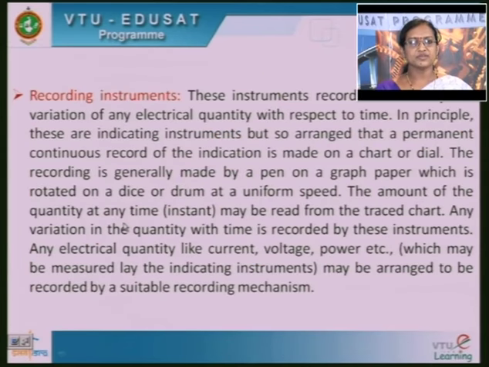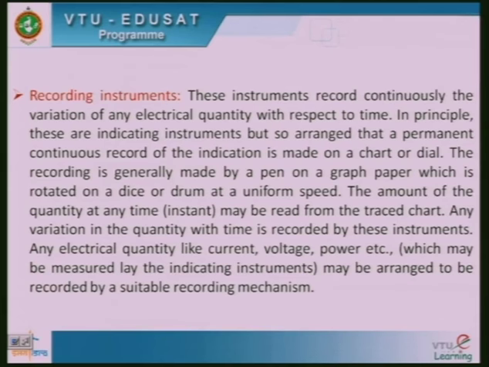Recording instruments involve a continuous process. With respect to time we measure, and there will be paper, which may be a graph sheet, some standard graph, logarithmic or normal scale. On that you get the record by using a pen or something.